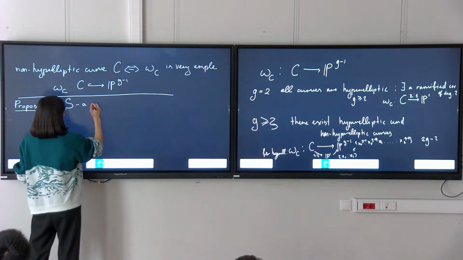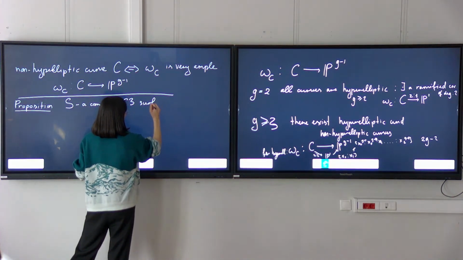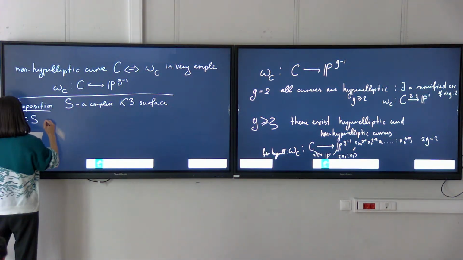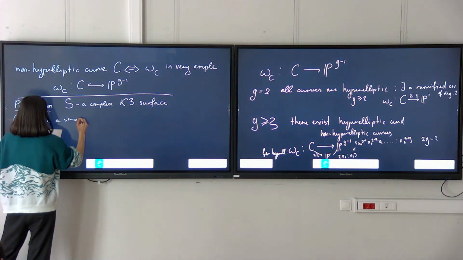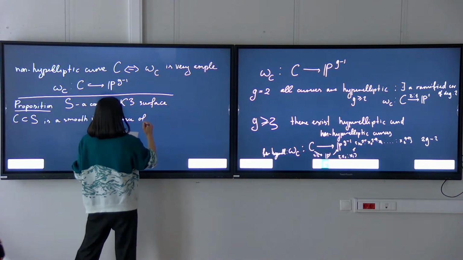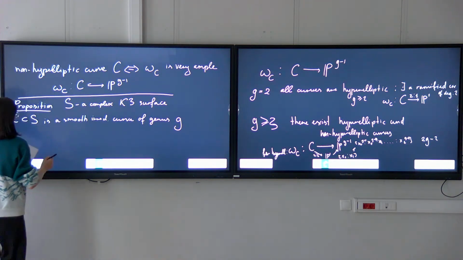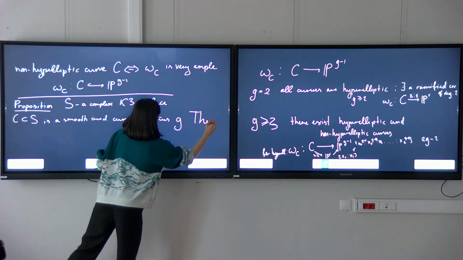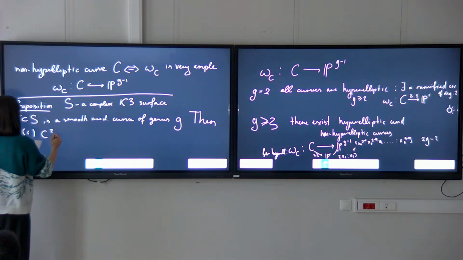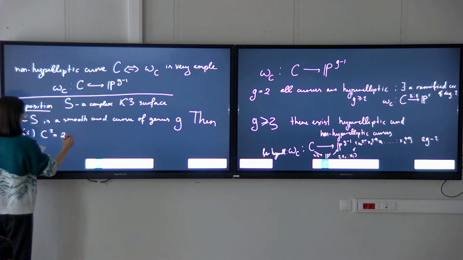Suppose that we have a complex K3 surface, and suppose we have a smooth irreducible curve of genus g on S. Then, the first part we have already seen maybe three lectures ago, that the self-intersection of C is equal to 2g minus 2.